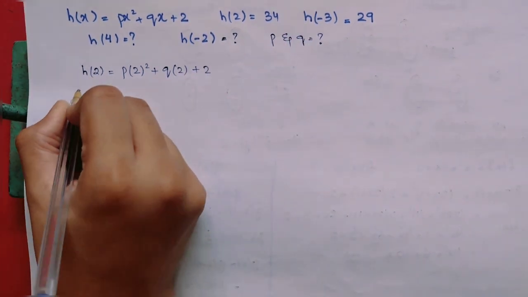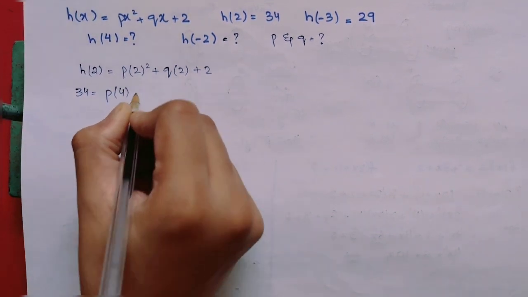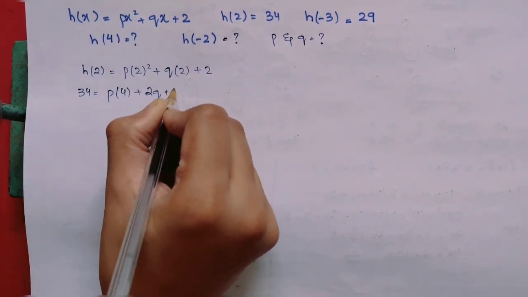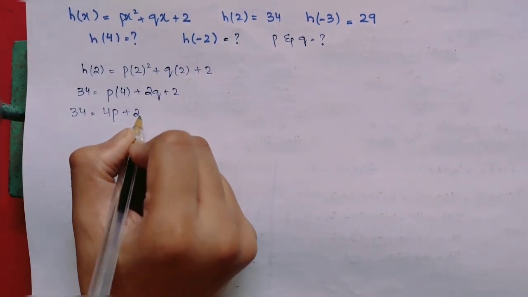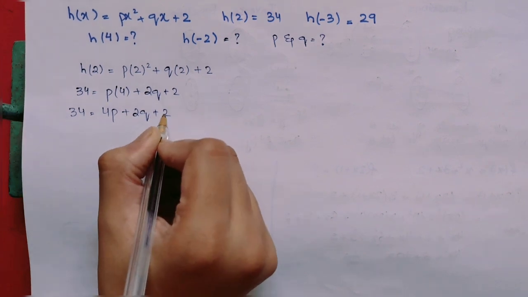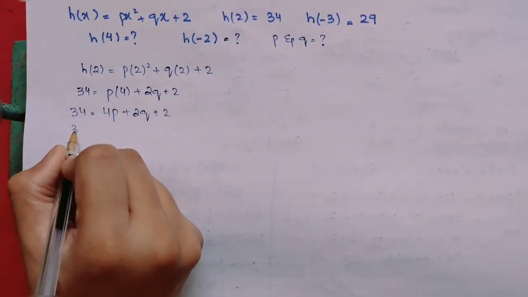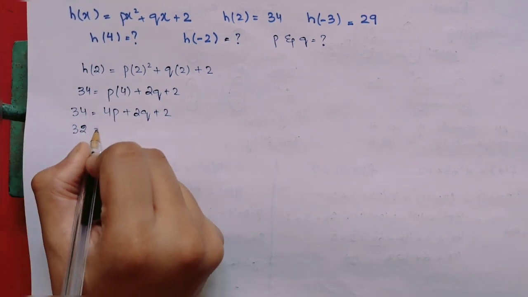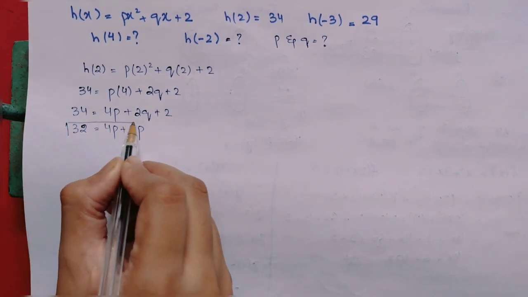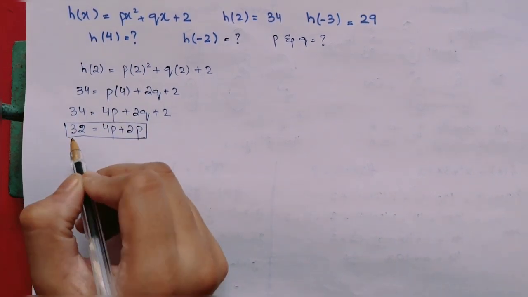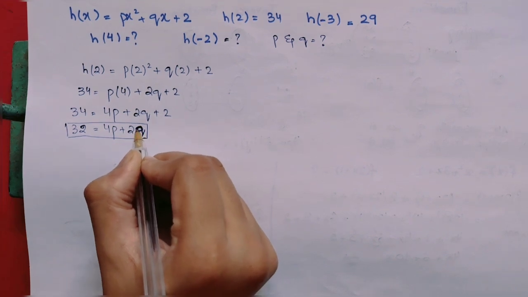So h of 2 is 34, which is equal to p times 2 square, 4, plus 2q plus 2. 34 is equal to 4p plus 2q plus 2. 2 is adding, when it goes on the other side it becomes subtract, and 34 minus 2 becomes 32, which is equal to 4p plus 2q.